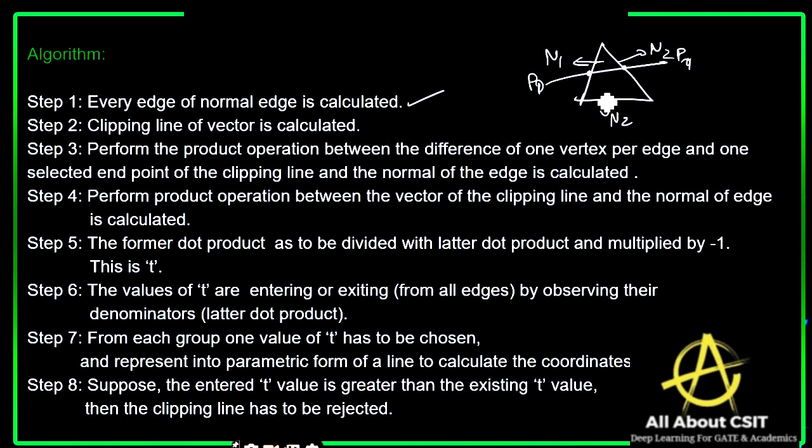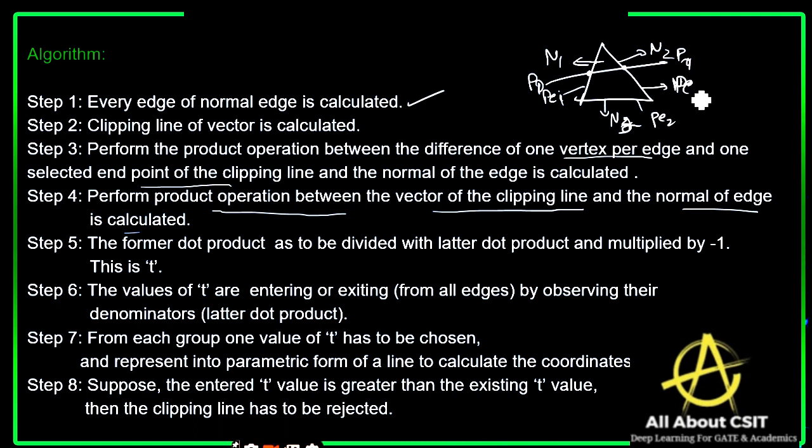The clipping line vector is calculated. We have to find the clipping vector of a line. Perform the dot product operation between the difference of one vertex per edge and one selected endpoint of the clipping line, and the normal of the edge. We are also considering one more point, the point at edge: P1, P2, P3, like that.